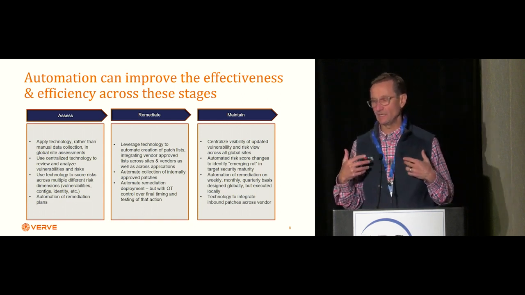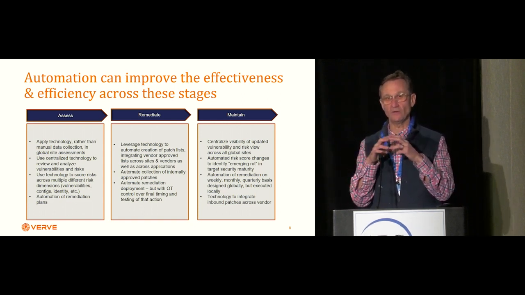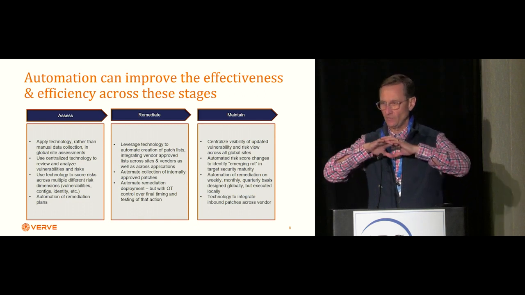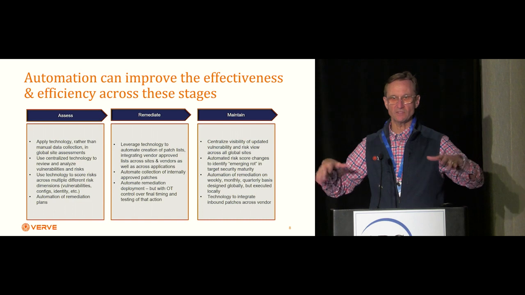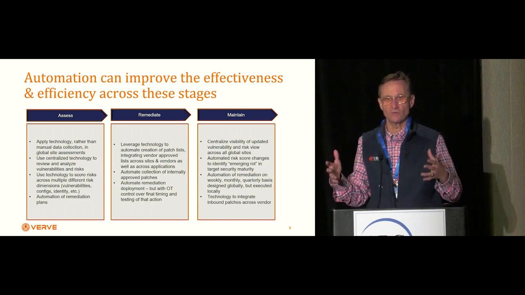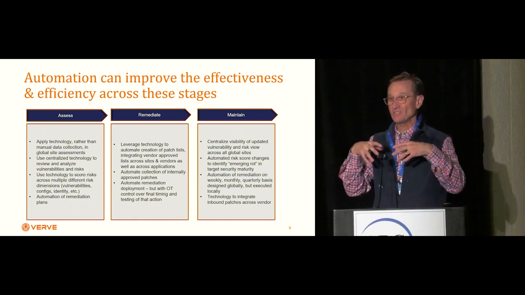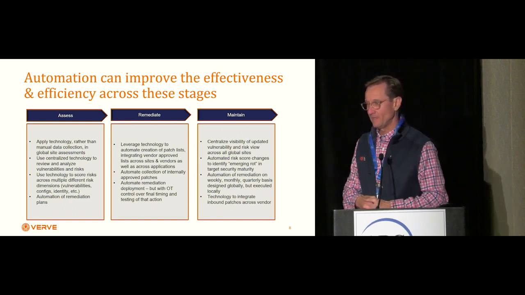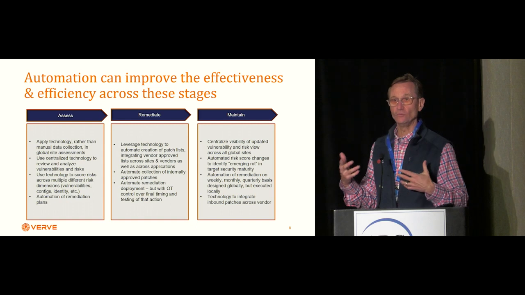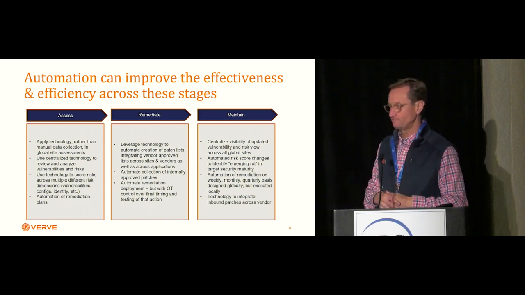Using centralized technology to review those risks so we're not reliant on 60 different people at each plant, let's say, or one person at each plant. You've got 60 plants around the world trying to assess their risks. Right? We bring all that data into one place that you can analyze and assess with a small team of specialists. And then being able to score and model risks. And we'll talk more about this.